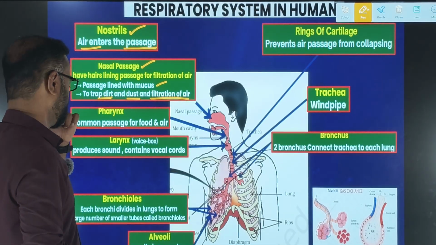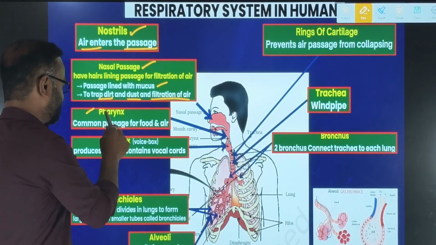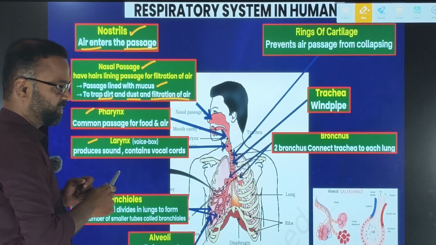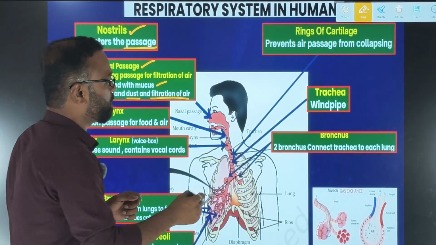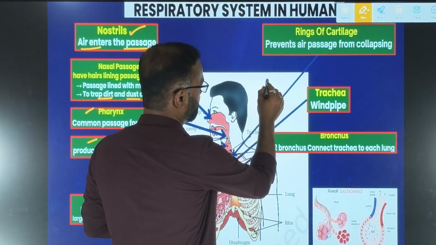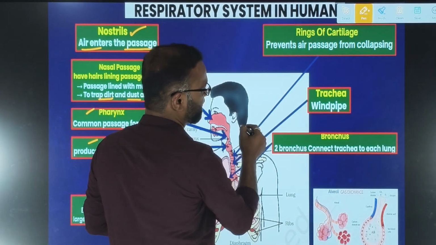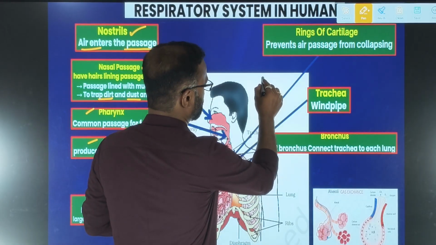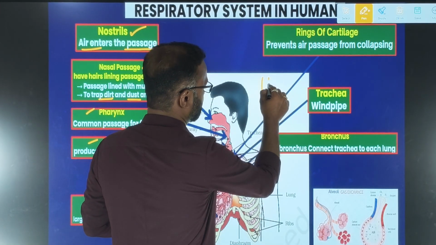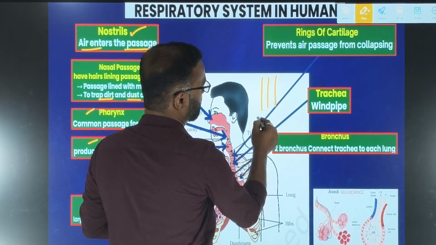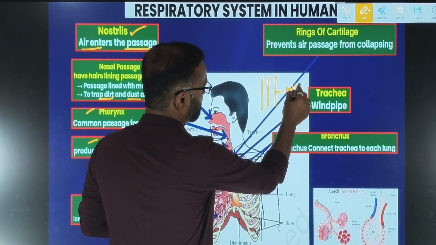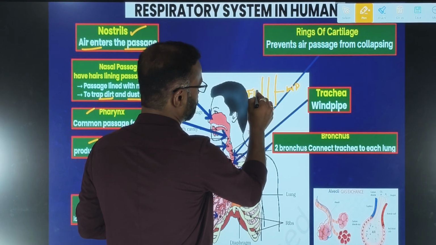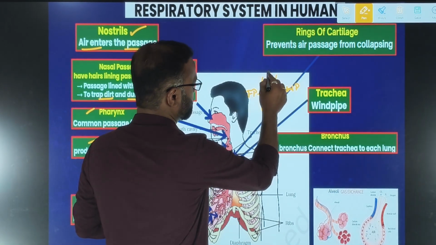Very simple. Next one is the pharynx, then comes the larynx. Remember, after the pharynx comes the larynx. The pharynx is a common passage. Imagine this is the food pipe, and this is the windpipe. This is the windpipe, and this is the food pipe, the so-called esophagus.